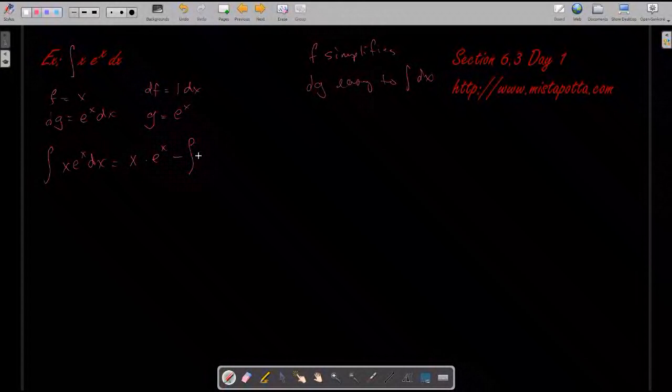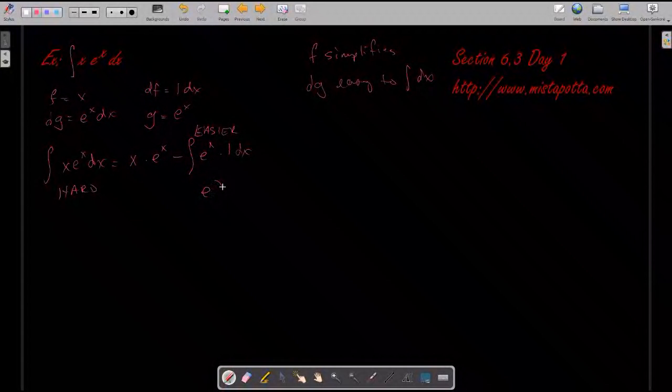And notice I go from an integral that's hard to something that's easier. Because now it's just the antiderivative of e to the x, which is e to the x. So I've got x e to the x minus e to the x plus a constant.